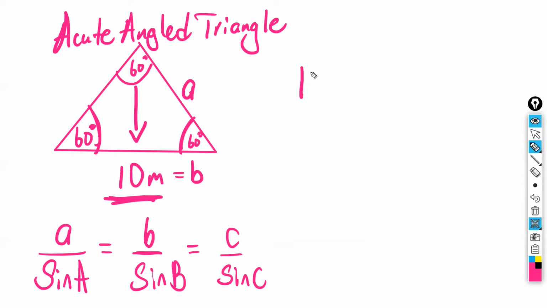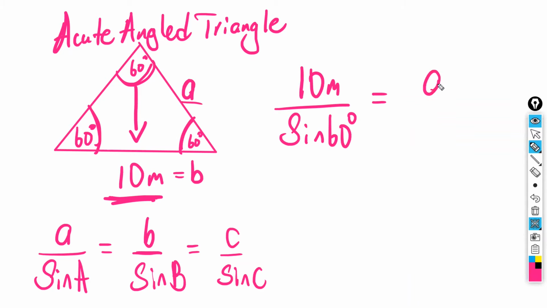We know that 10 meters over sine 60 degrees, because remember all the angles are 60 degrees in this triangle anyway, is equal to a, because a is what we want to find, over sine 60 degrees again.